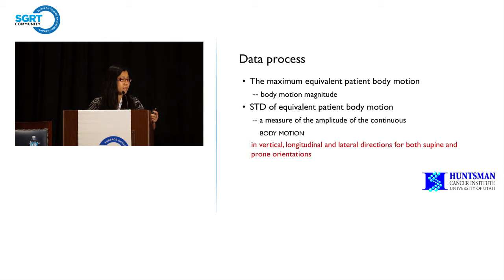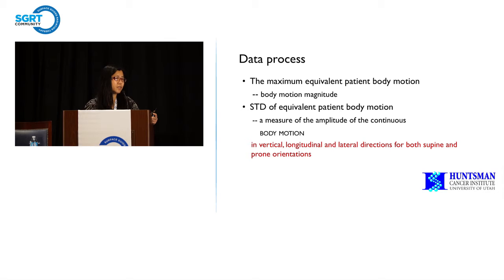We process the data, and we have the maximum equivalent body motion along the vertical, longitudinal, and lateral direction, and the standard deviation of the equivalent body motion. The maximum equivalent body motion represents the magnitude of the body motion from negative to positive, so you know how much range the patient moves.